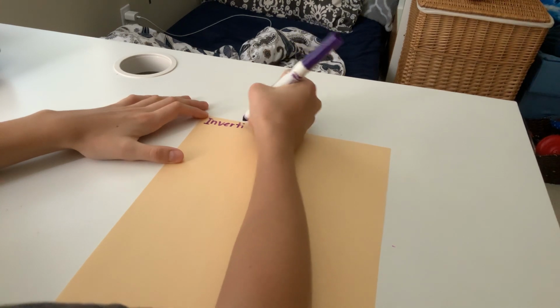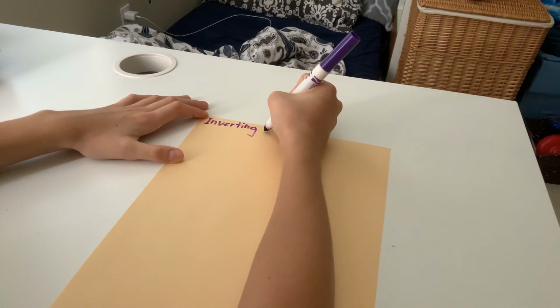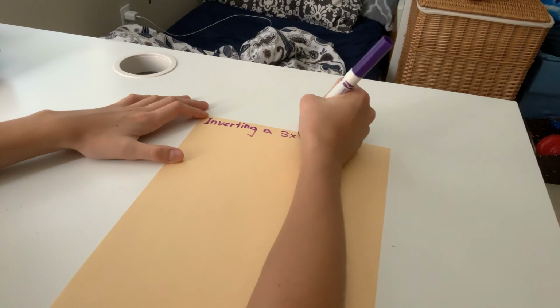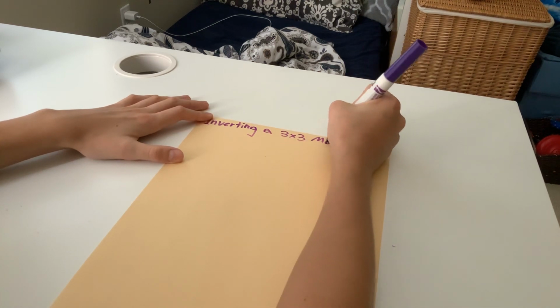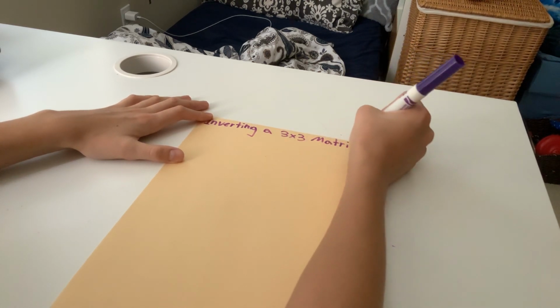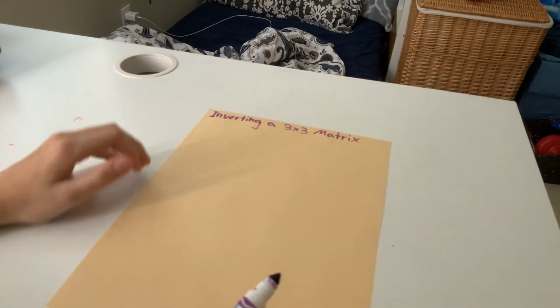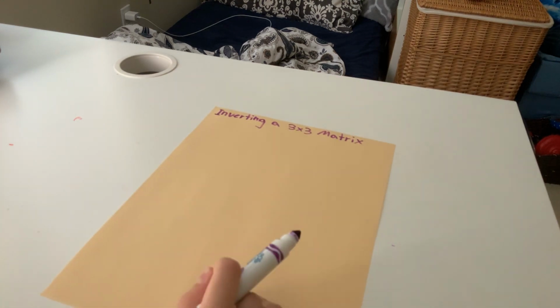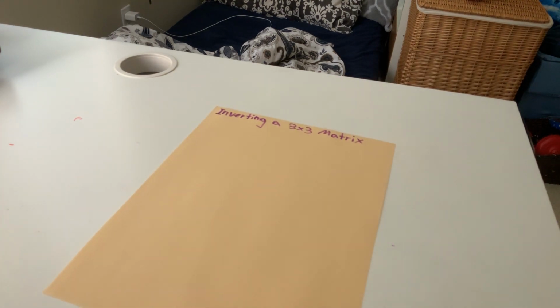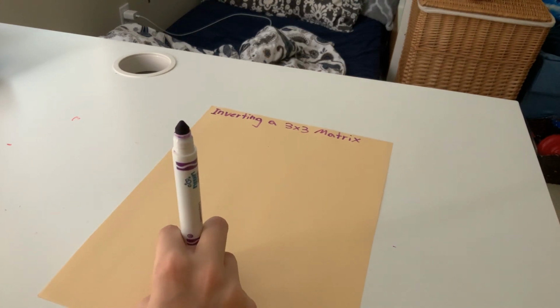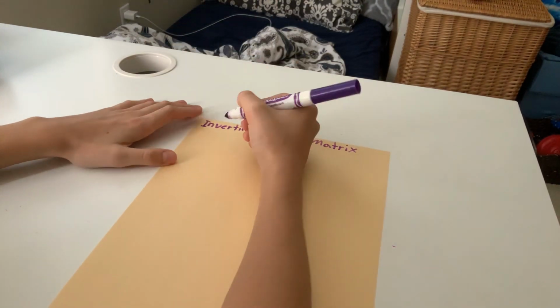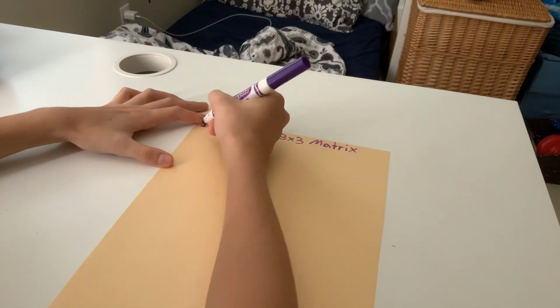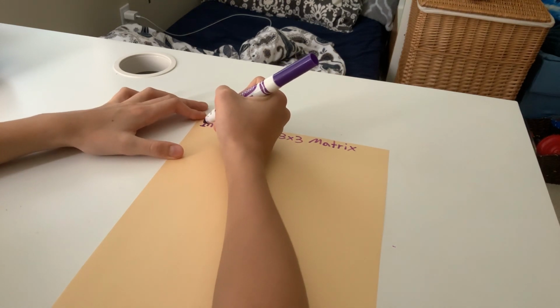Inverting a 3x3 matrix. If you thought that the 2x2 matrix was tedious, you're about to experience something on a whole new level, trust me. So let's get started quickly. Let's establish a matrix.